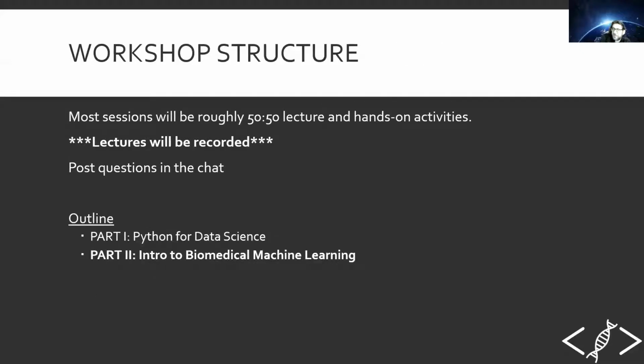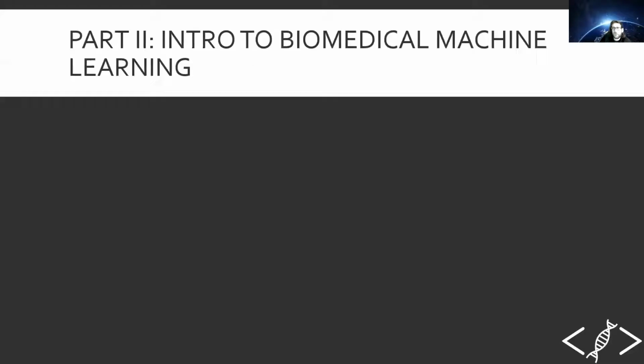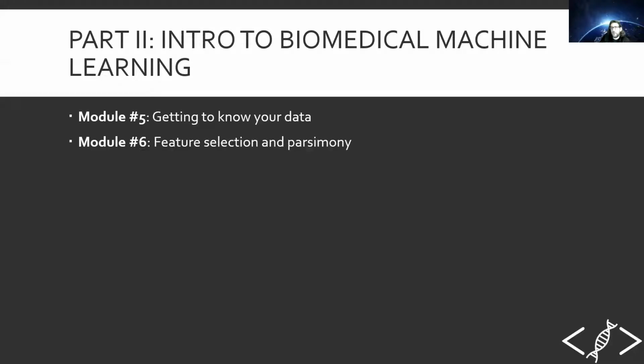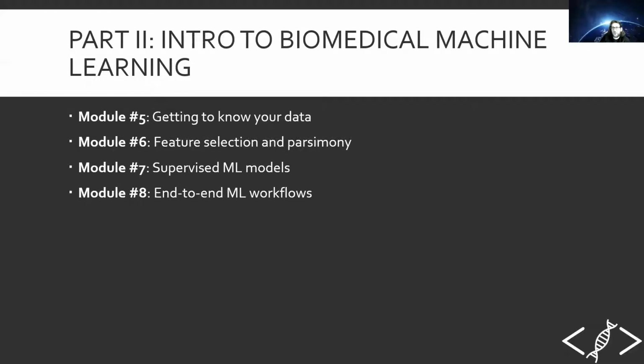Now let's talk about the second part of the workshop, which we call Intro to Biomedical Machine Learning. This is where Dan Montemayor, who I'll talk about in a minute, is going to take over, and he's going to teach you about the basics of machine learning, specifically for the biomedical research context. We're going to start by talking about how you can get to know your data, feature selection and parsimony, supervised machine learning models, and end-to-end machine learning workflows.